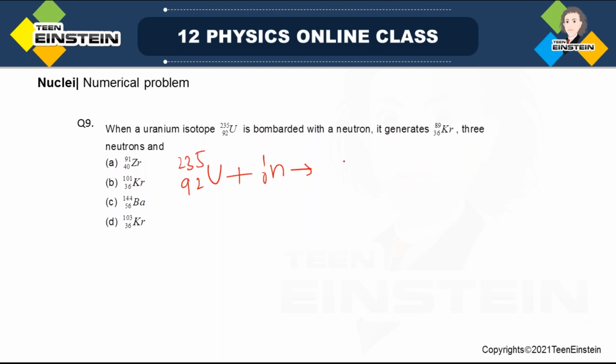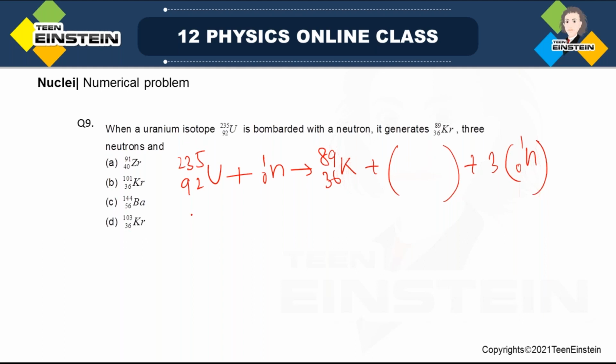So it will give rise to one lighter nucleus, that is krypton 36, plus 3 neutrons. Suppose the other product we don't know, we have to find out, and 3 neutrons along with that. Can you identify, Deepa, which among these will be emitted?